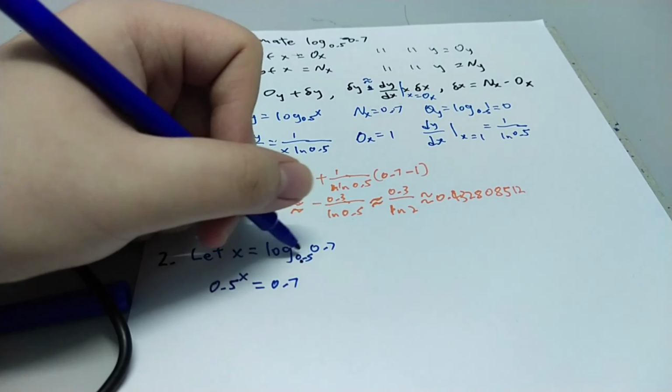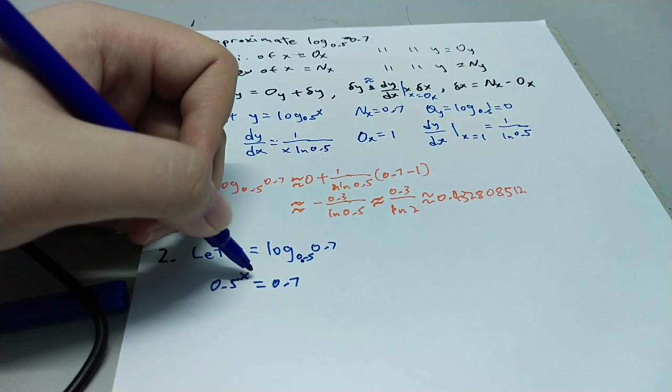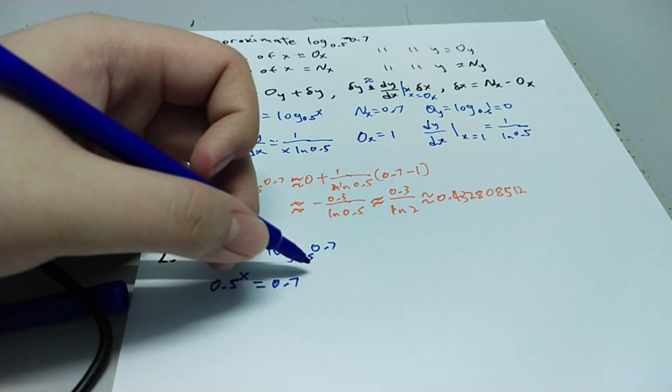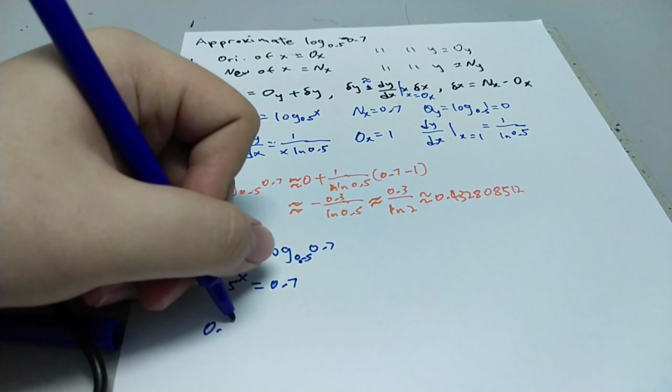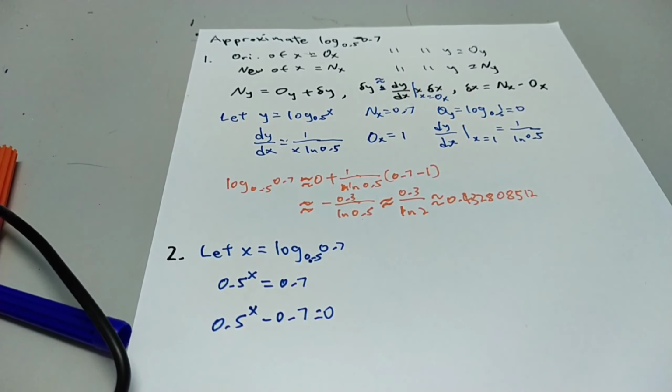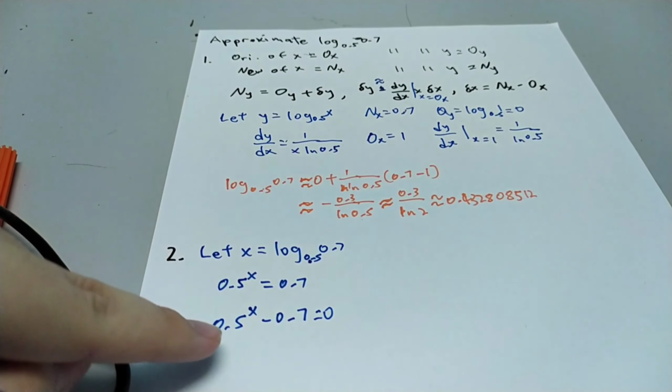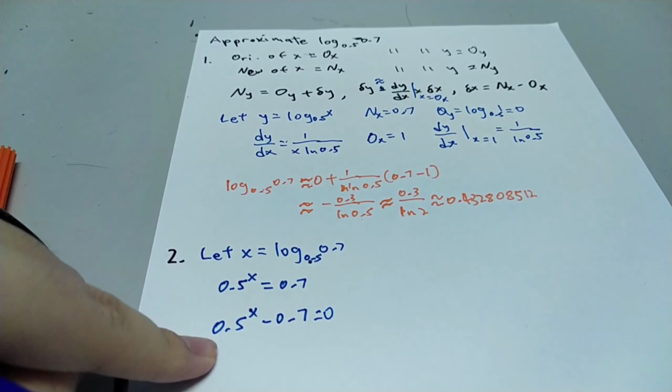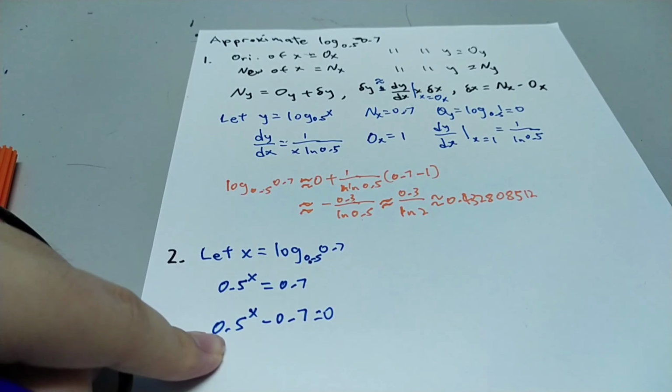Because 0.5 is the base, when I take the other side, basically 0.5 power of x is equal to 0.7, which makes that 0.5 power of x minus 0.7 is equal to 0. And then we can use the Newton-Raphson method.